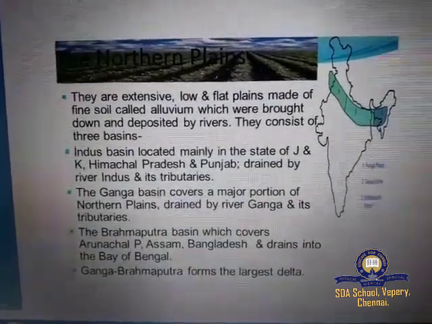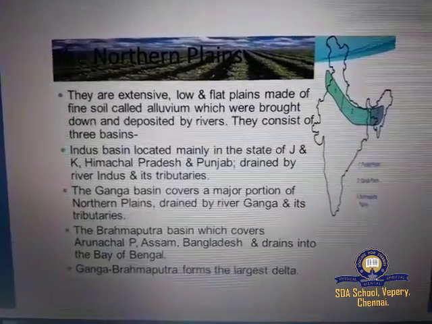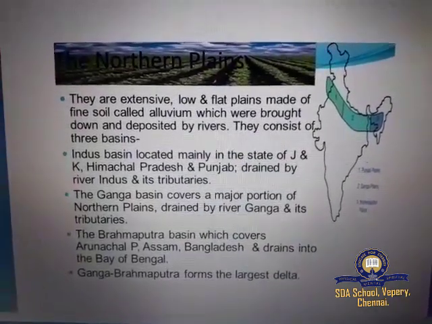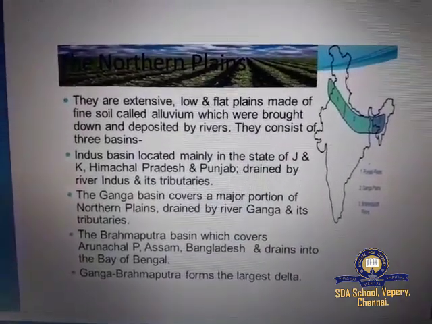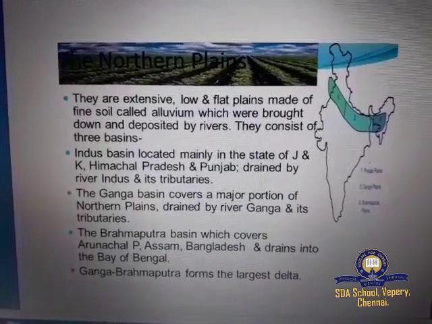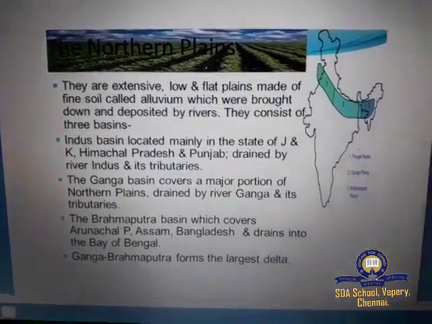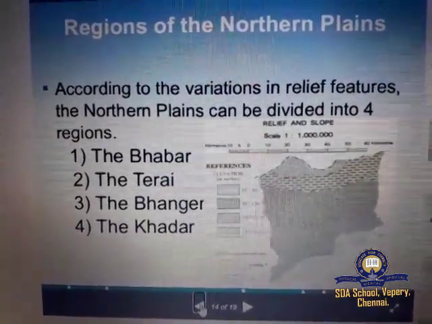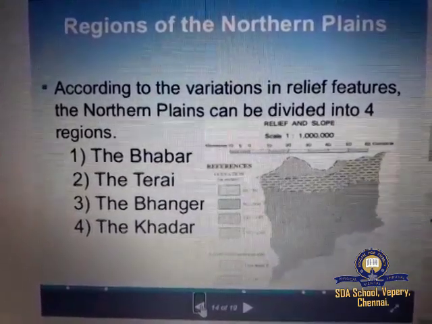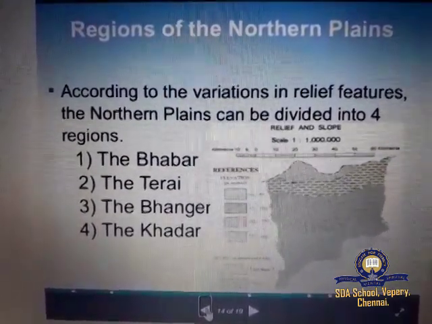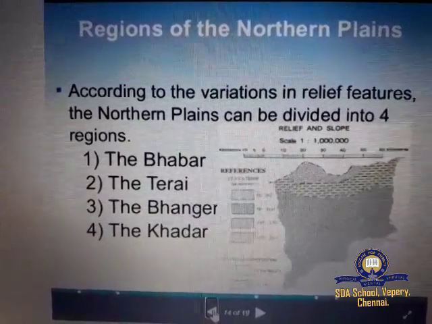These rivers deposit enormous quantities of sediments along the foothills and floodplains. The important characteristic features of sediment deposition in the plains areas are as follows.